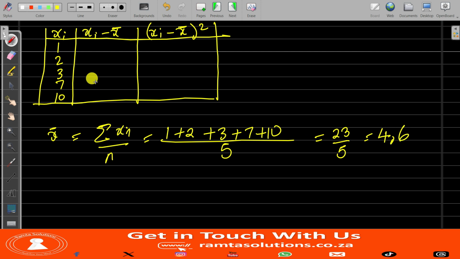Remember this portion says x sub i minus x bar, with x bar being the mean.